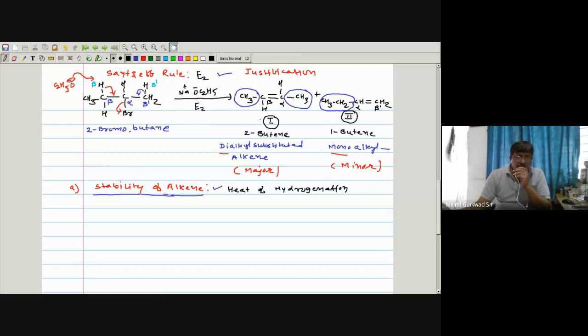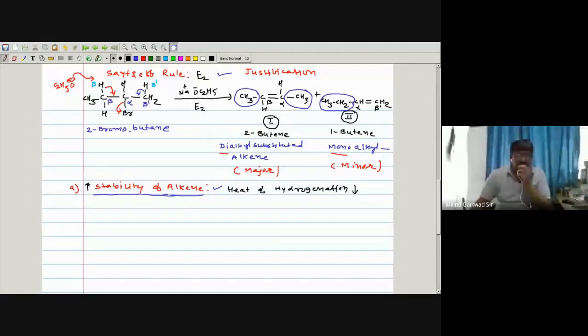So the lower the heat of hydrogenation, the more is the stability. So if the alkene has a lower heat of hydrogenation, then the alkene will be more stable, right?